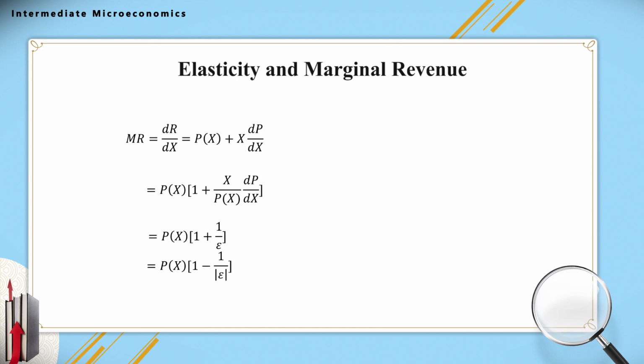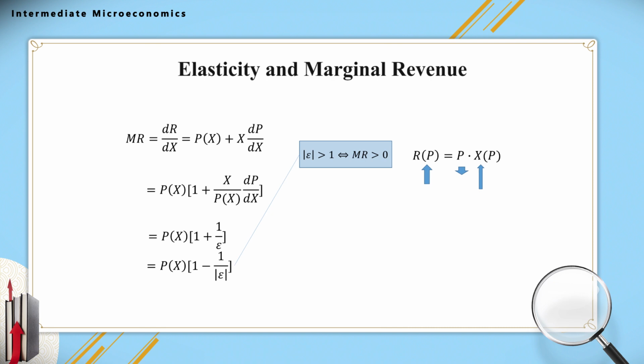When the elasticity is greater than 1, the marginal revenue is positive, which means increasing sales quantity can increase the total revenue. In this case, a small price cut can greatly increase sales quantity because the demand is elastic. Therefore, the total revenue is increasing as the sales quantity increases.